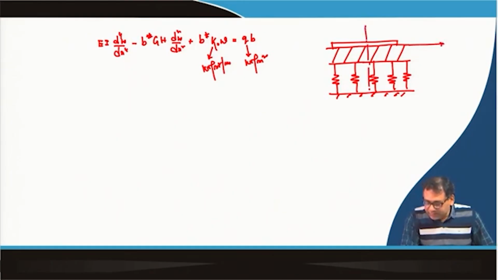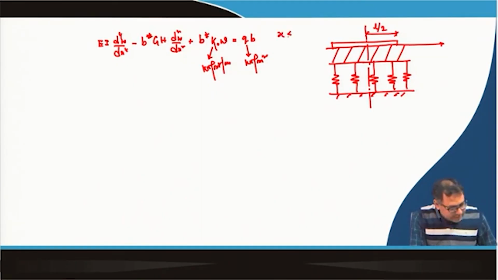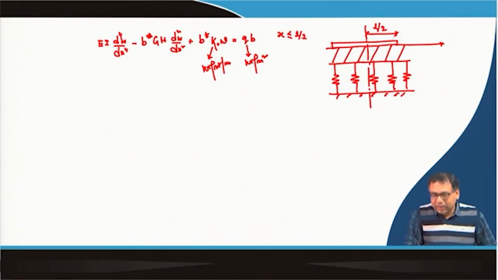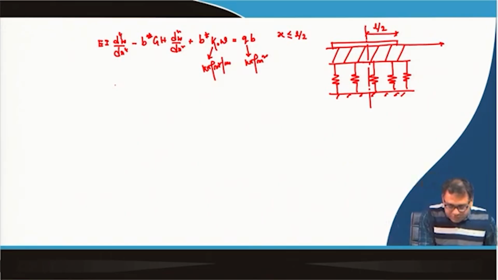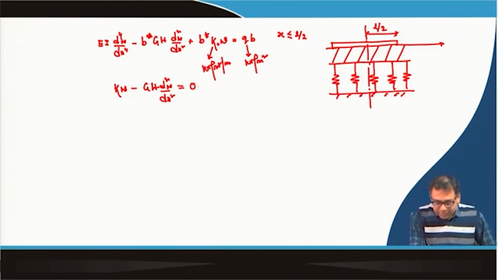So, now if this is your symmetry, this is equal to L by 2. This equation is valid if x is less than or equal to L by 2, and beyond the loaded region, beyond the beam region, your equation will be k into w minus G_h d²w/dx², which is the equation of a Pasternak model, because q is equal to 0, as we are not applying any load there.